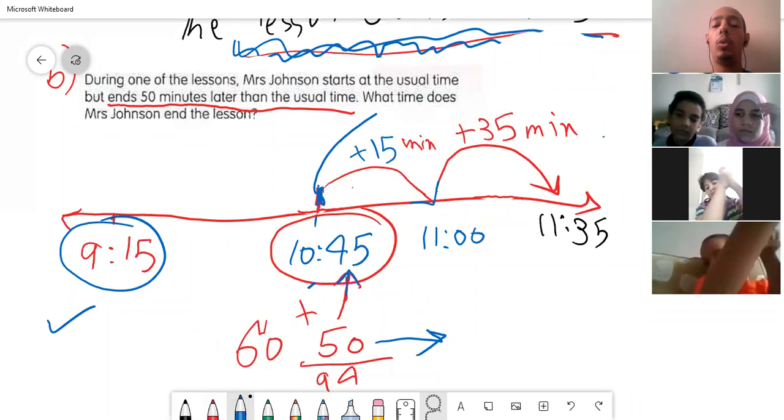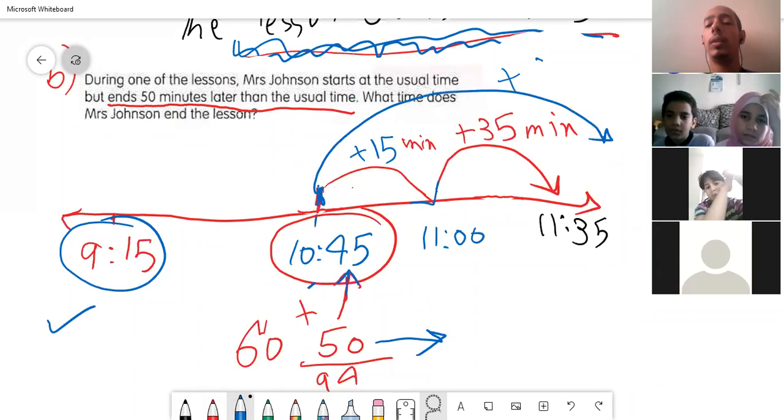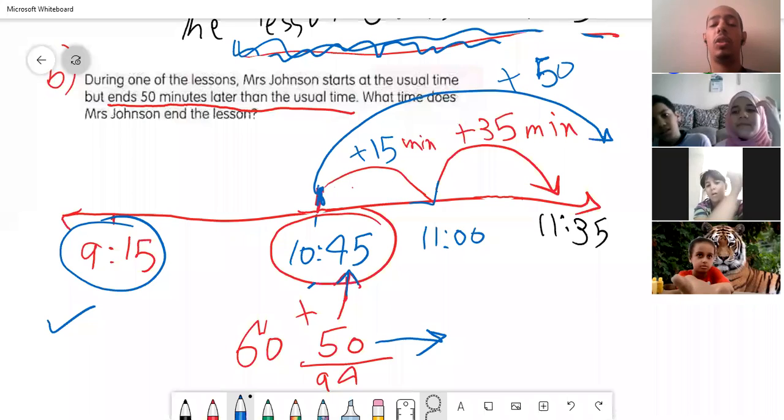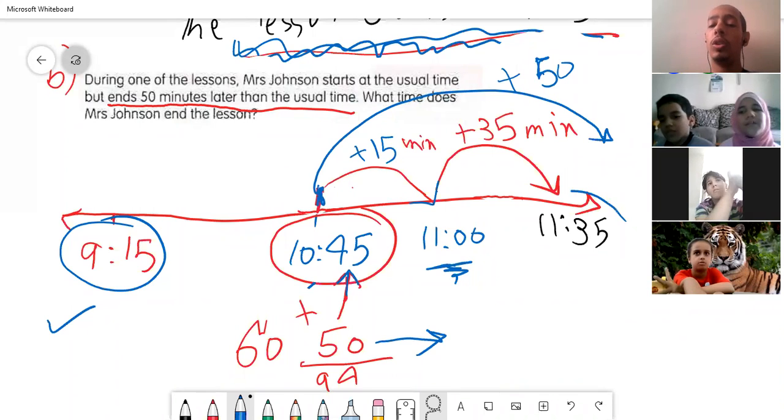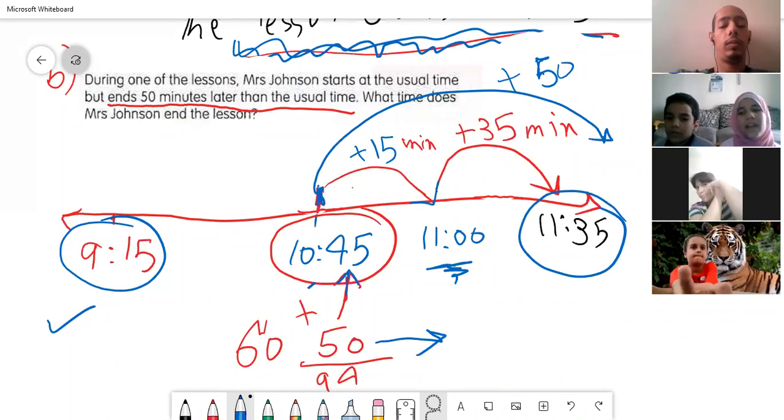Guys, from here to here, I added 50, right? I started by adding 15 to reach exactly 11, then I added 35 more to complete the 50 minutes. So what was the end time? 11:35. Very nice.